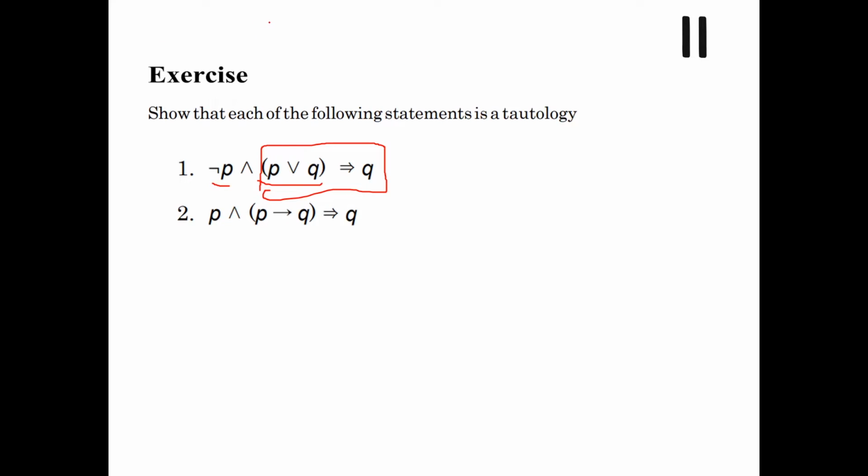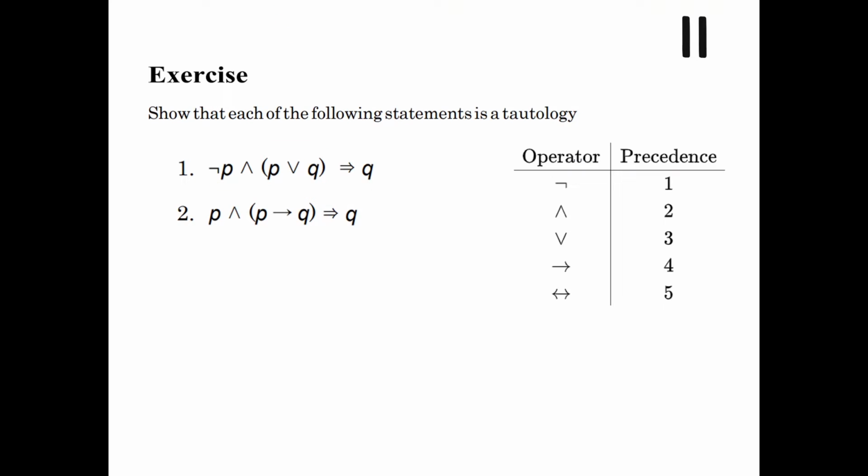In basic mathematics, if you had 2 plus 3 multiplied by 6, you'd know you have to evaluate 3 multiplied by 6 before the addition. You're not going to add 2 and 3 together first. This is why we need operator precedence, which operator has the highest priority in the order of strength.